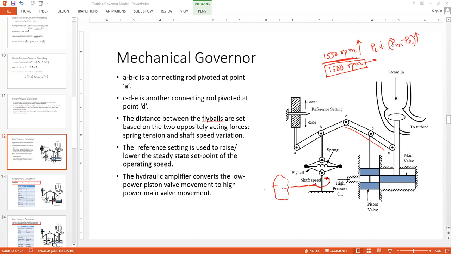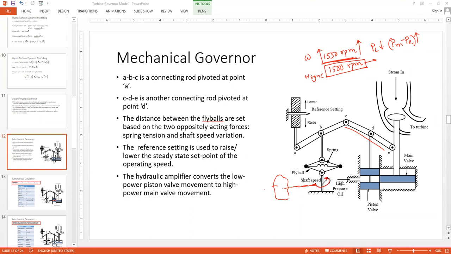If PL reduces from a certain operating point, then PM minus PE increases. That is translated as the increment in omega from omega synchronous. That would be sensed here.